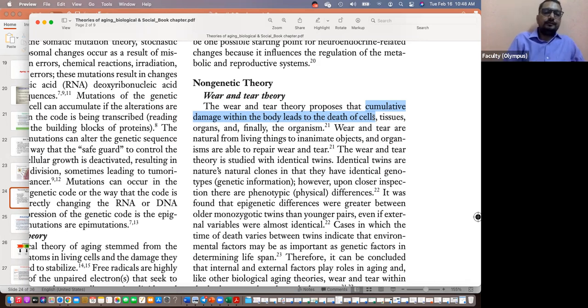But we do have a mechanism to fix this problem, because wear and tear is a natural process.